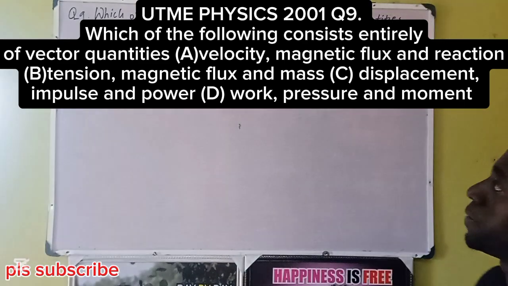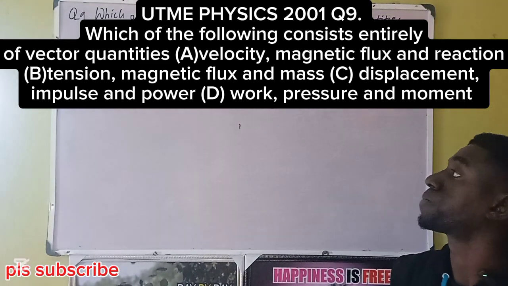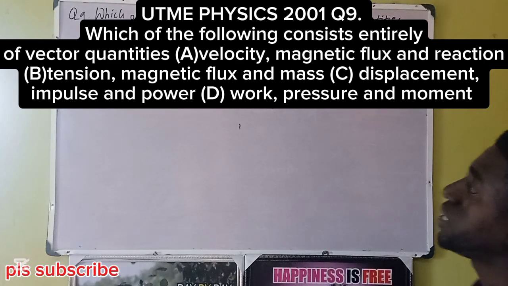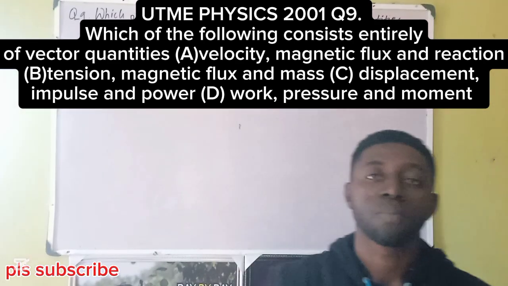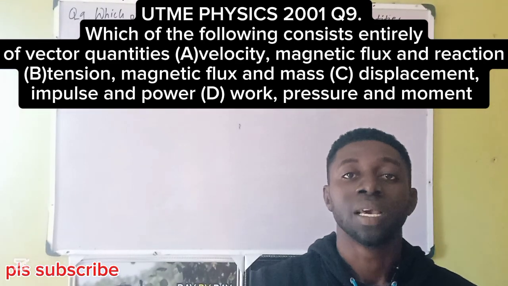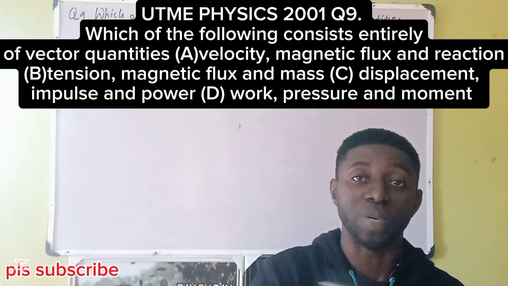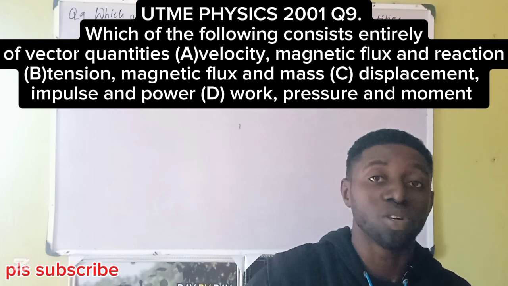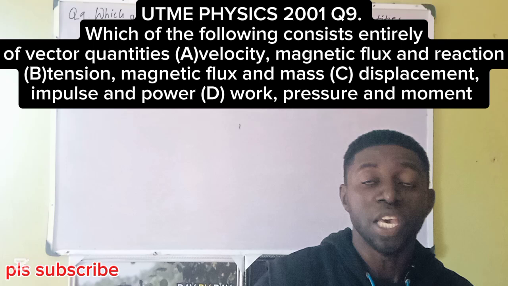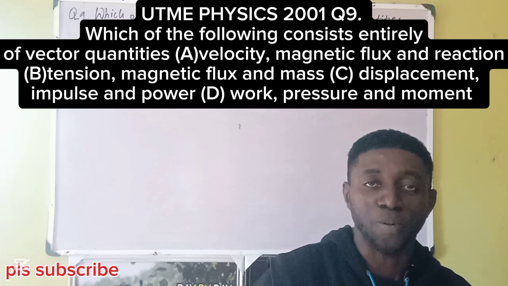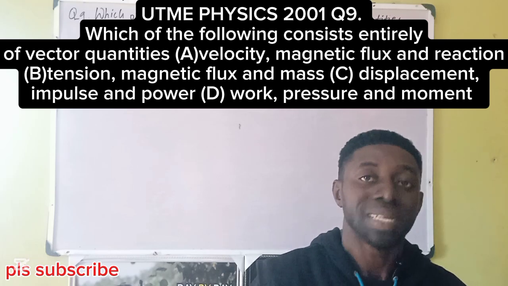Going to option A, let's identify the vectors there. A says velocity. Velocity is a vector quantity. The scalar form of velocity is speed. When your speed has direction, it's no more called speed. If OB is running with speed of 10 meters per second, that's speed.